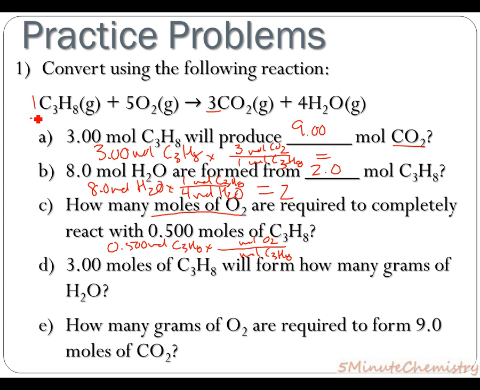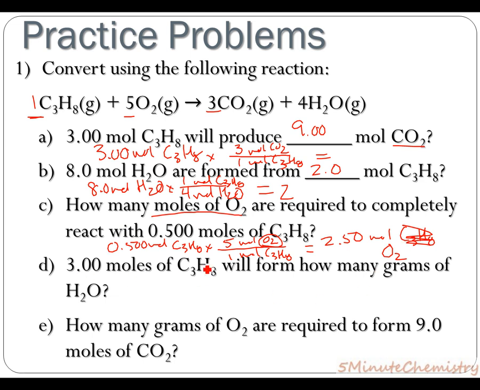Looking at our coefficients, we have 1 to 5. Do the math on this, and we find that 0.5 times 5 divided by 1 gives you 2.50 moles of, oh, it's not C3H8, was it? We just found not moles of C3H8, but moles of oxygen. Sorry about that, moles of oxygen.